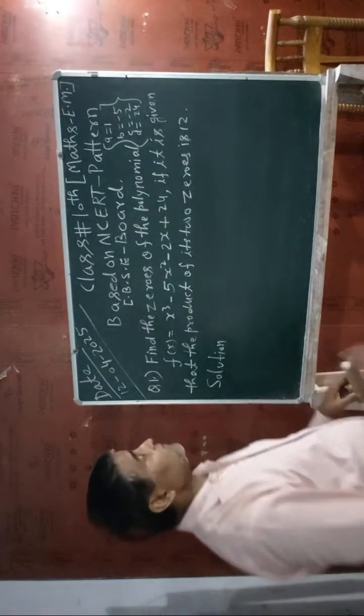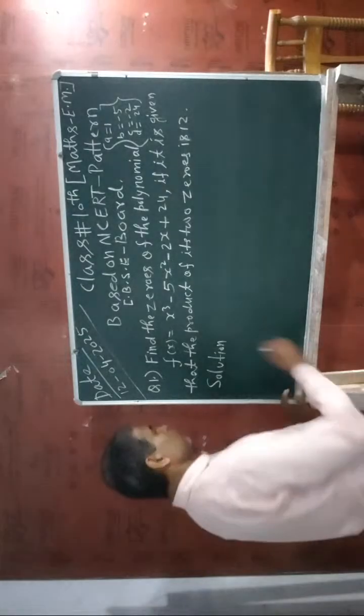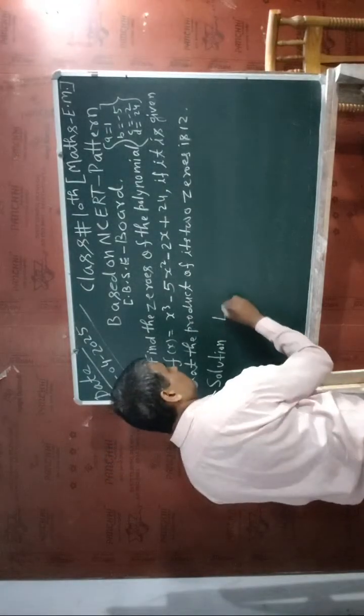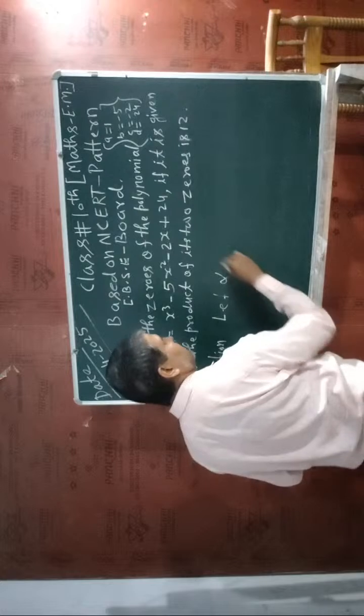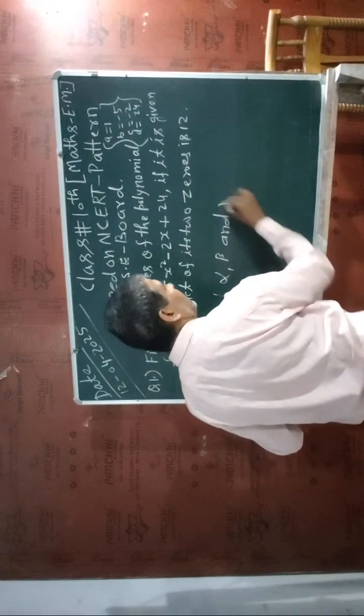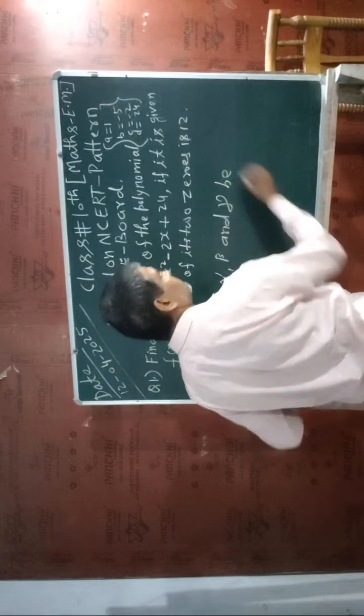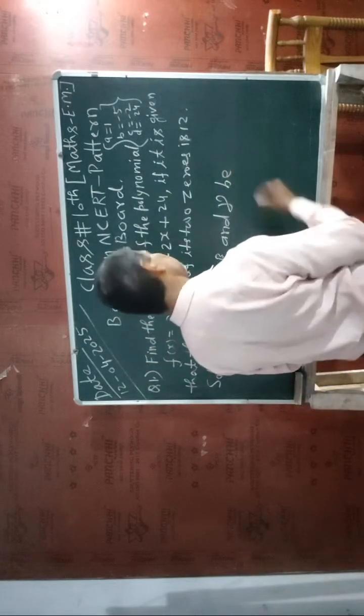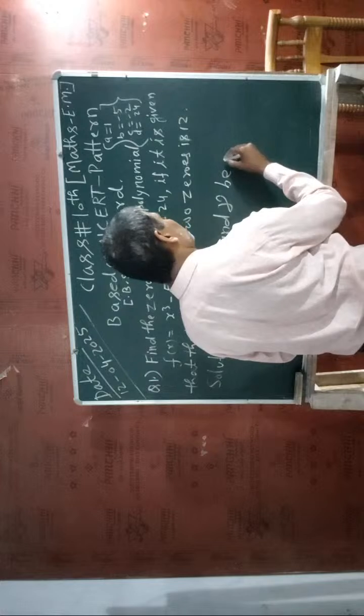Now suppose alpha, beta and gamma are the zeros of the given polynomial.